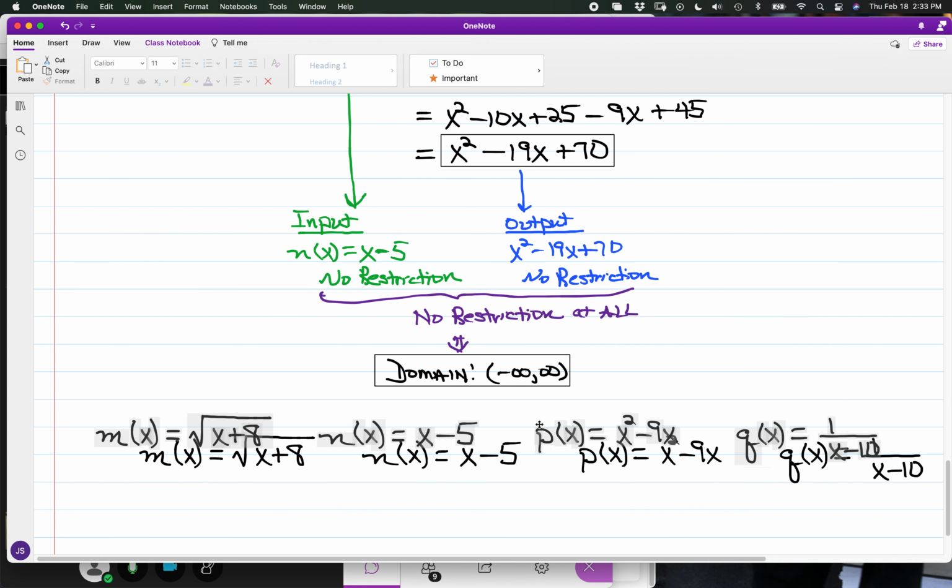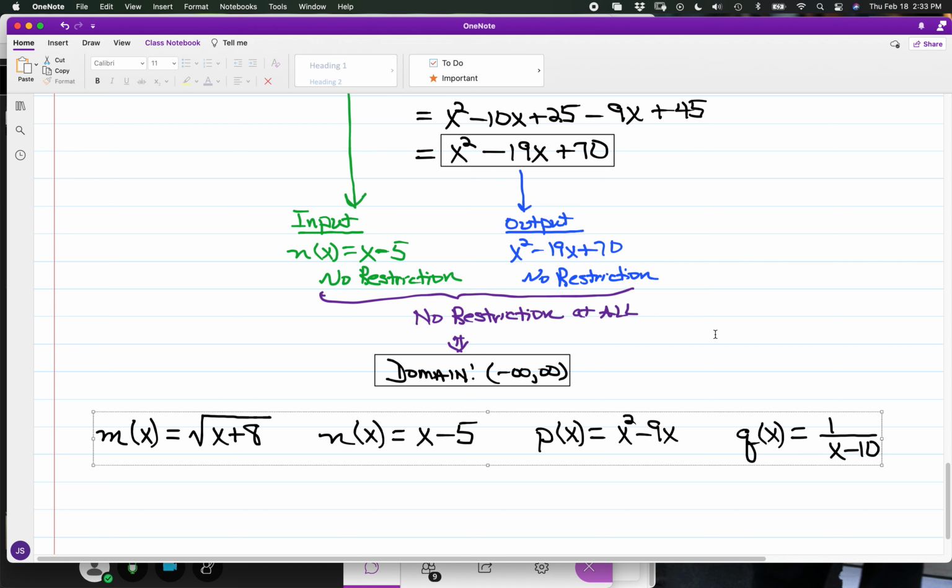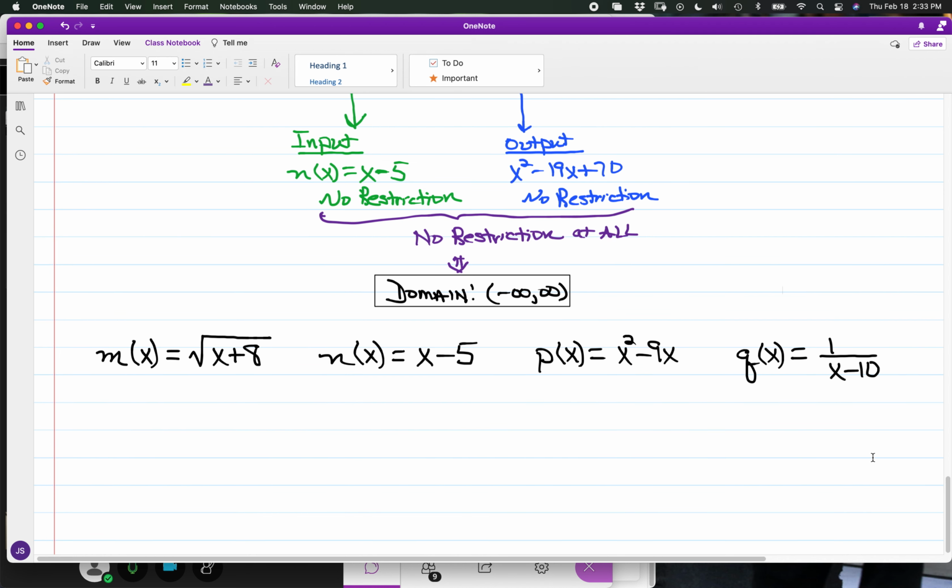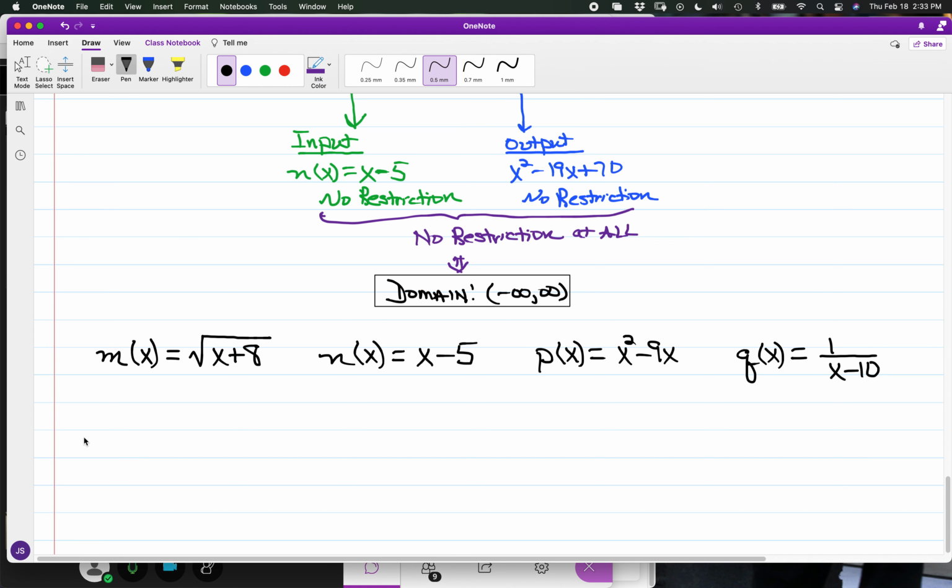For 67, we're now utilizing the function m. So we have m composed with n of x, and just putting it in compact notation, I have m of n of x.